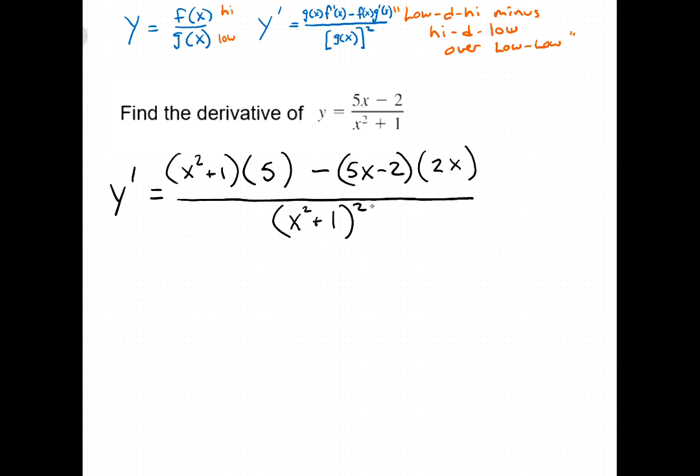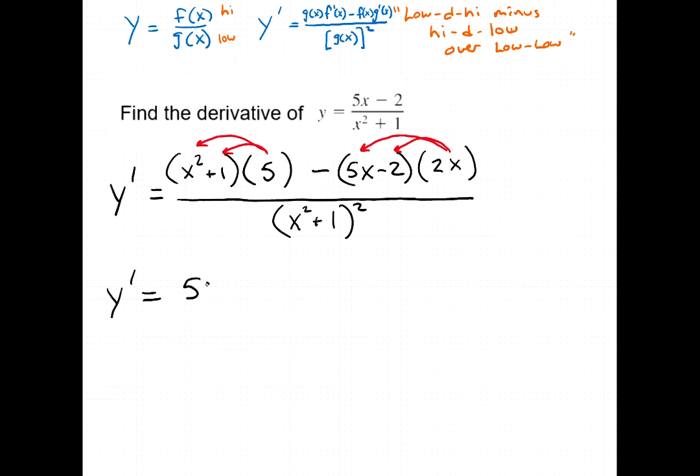So let's do some algebra to simplify what we have. Let's multiply through the 5, and let's multiply through the 2x.